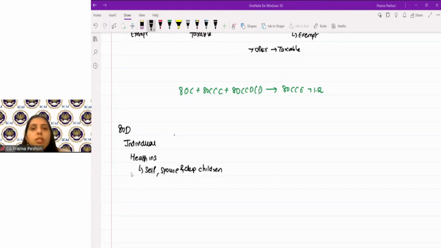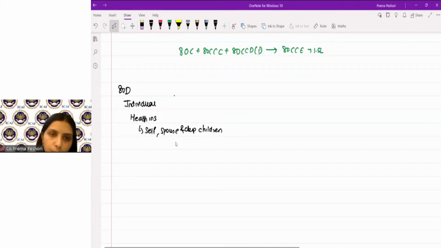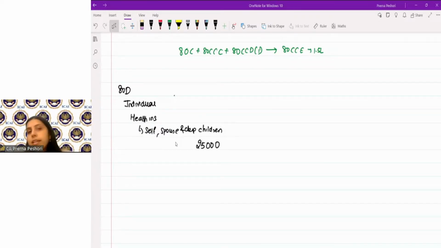The deduction allowed is 25,000, right? Plus, if it is for the health insurance of parents, then another 25,000 is allowed.